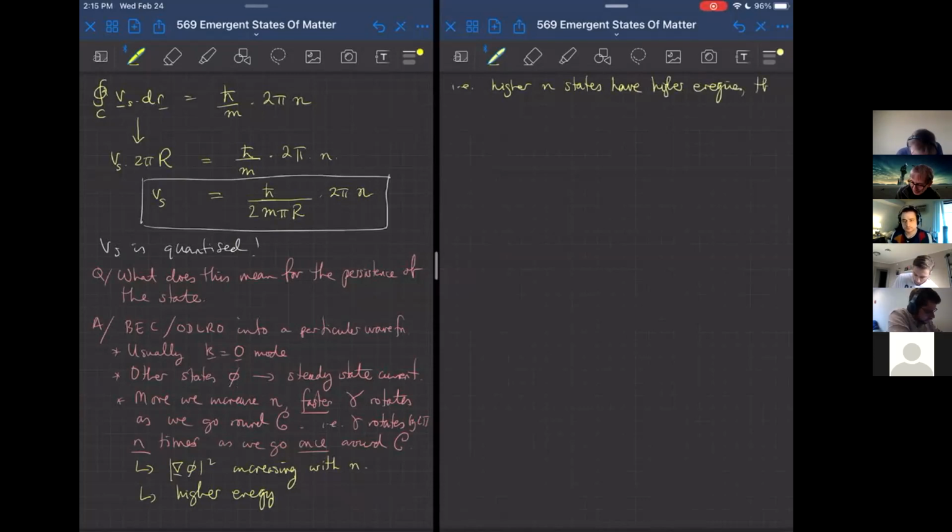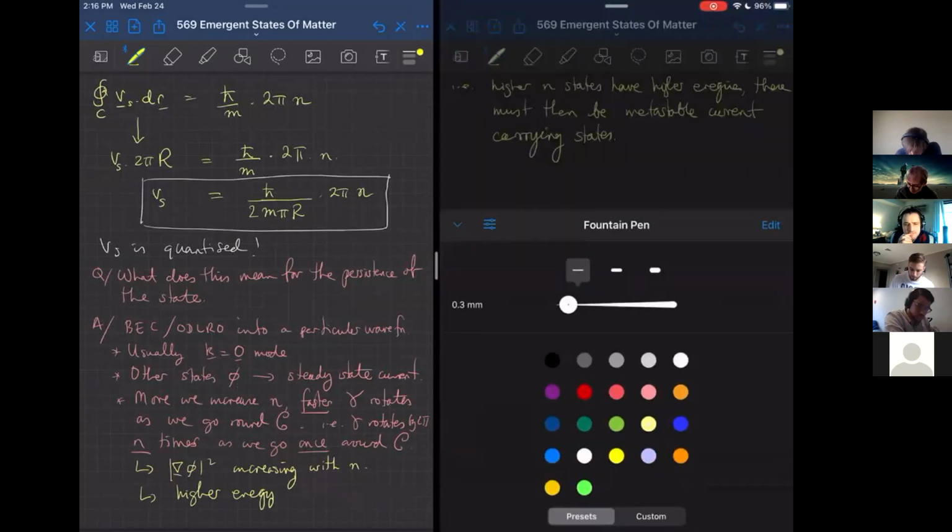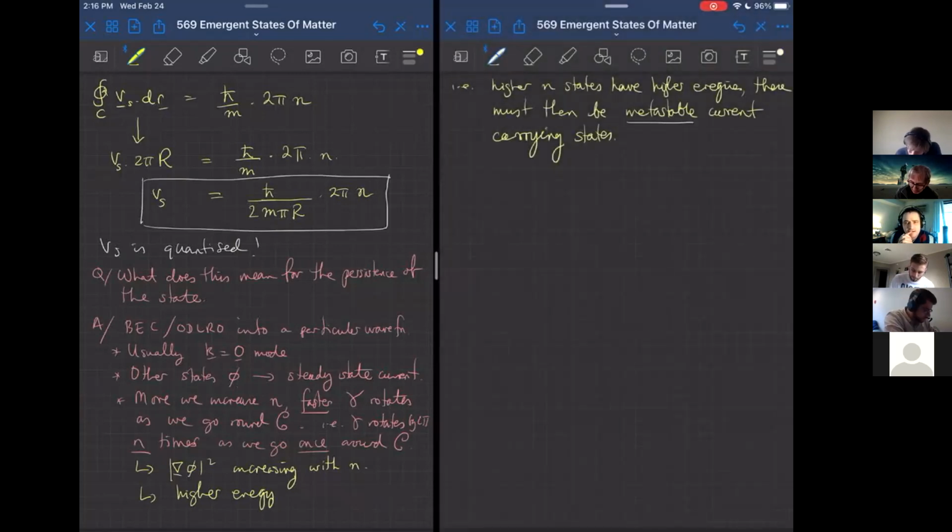and these must then be metastable current-carrying states. Now, why do I say metastable? Well, what I mean by metastable is a local minimum, not a global minimum.